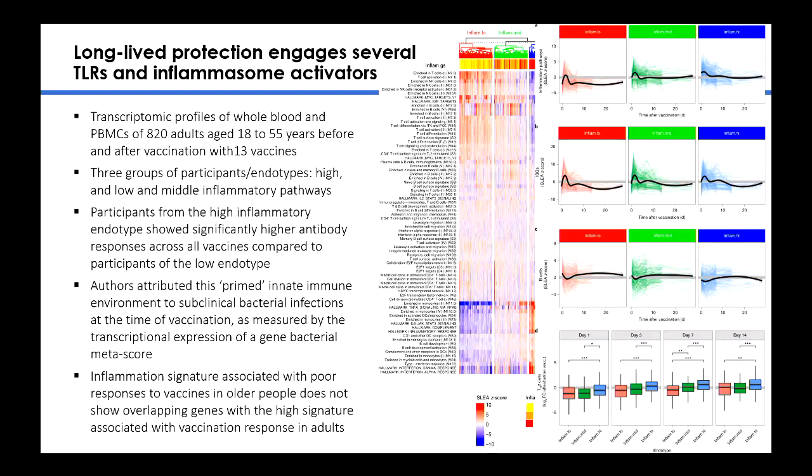When they looked at that, they identified 3 endotypes. So it's a low inflammatory endotype, a medium, and a high, which I apologize that this is in the front now. And what they found is that the people with a high inflammatory endotype have a higher antibody response across all different vaccines.